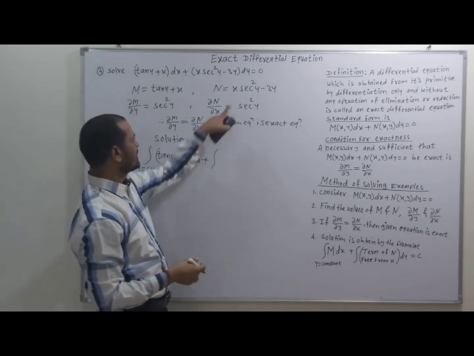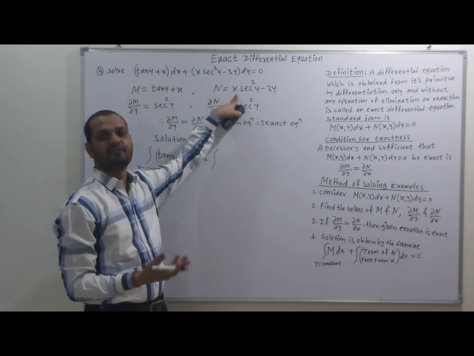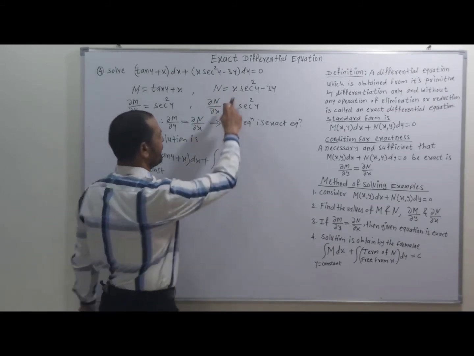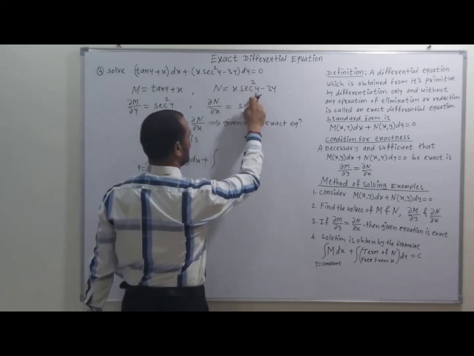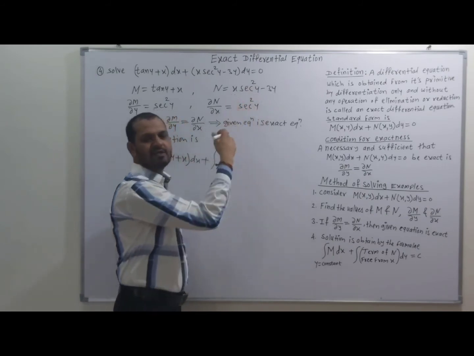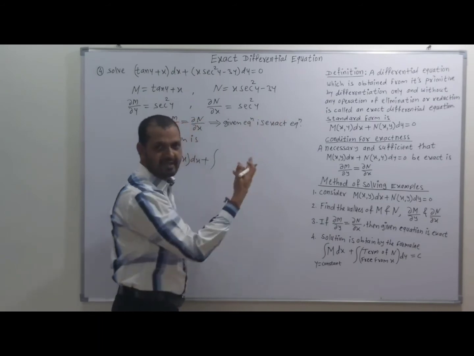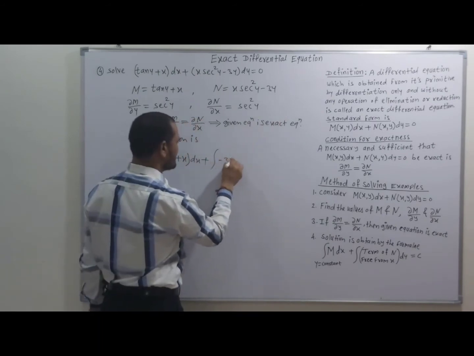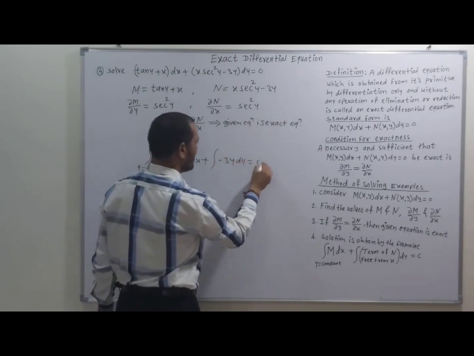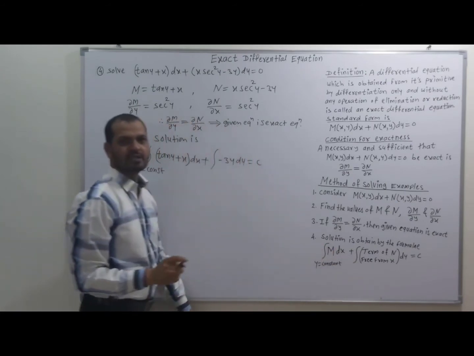Take only those terms from n which are free from x. So here first term is x sec square y. That means x is available. So drop this first term. Second term is minus 3y, where x is absent. So we can write this as minus 3y dy is equal to c according to this formula.